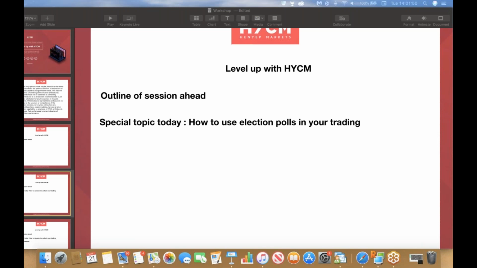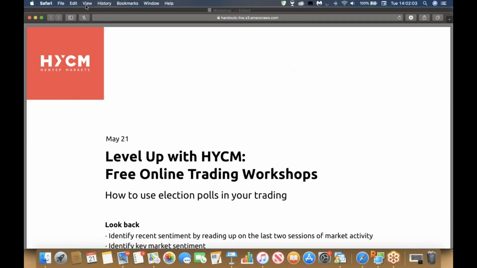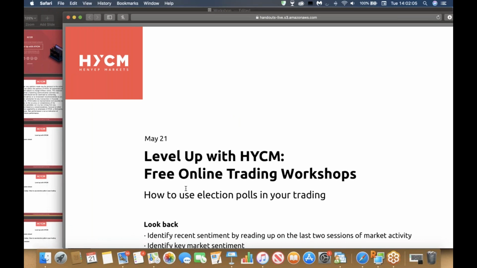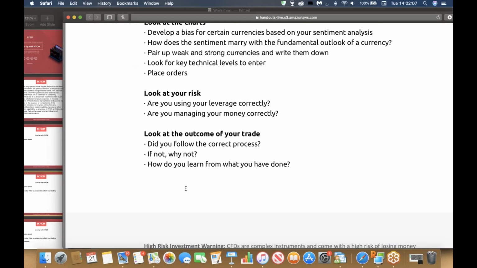If you click on the little arrow by the handout tab, you should see a workshop guide entitled Workshop Guide May the 21st. Click on that guide, and I designed this guide as a tool for you in your trading.